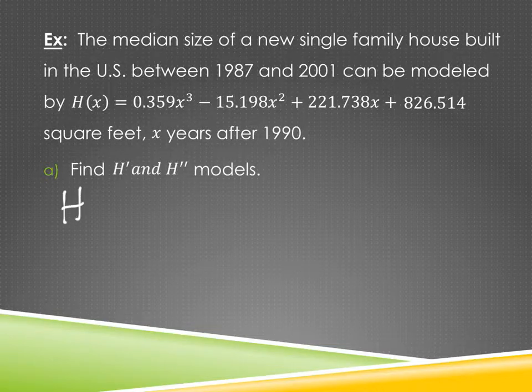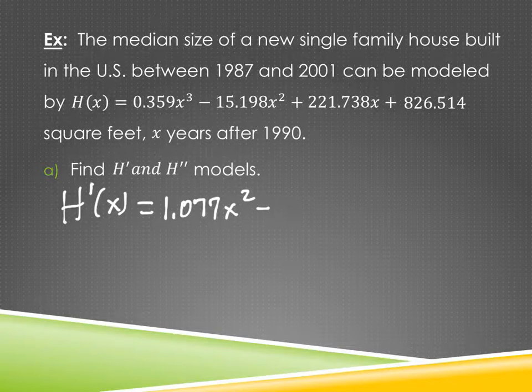So h prime of x. What is the derivative of 0.359 x cubed? 1.075 x squared. Good. Now we need the derivative of 15.198 x squared. 30.396 x.